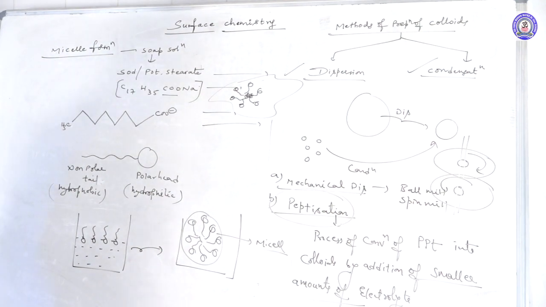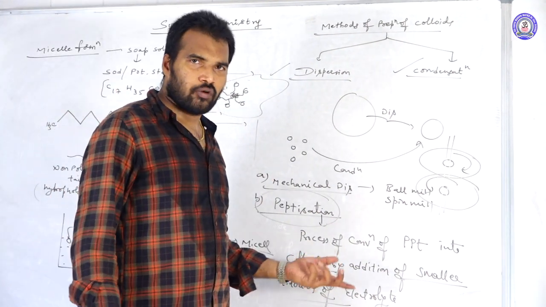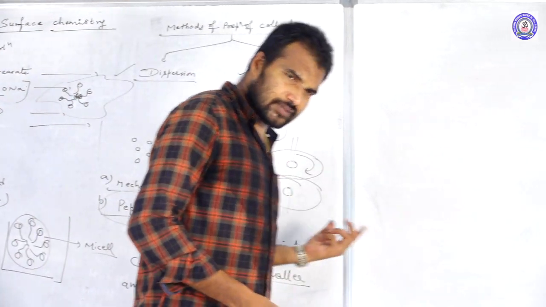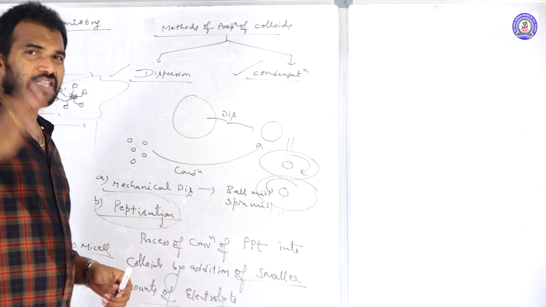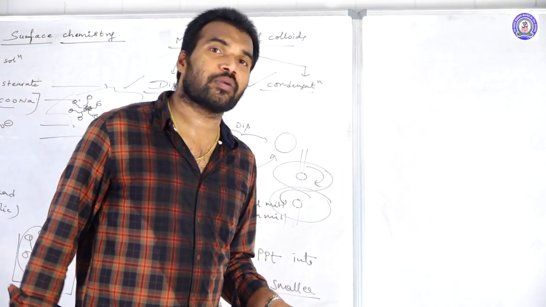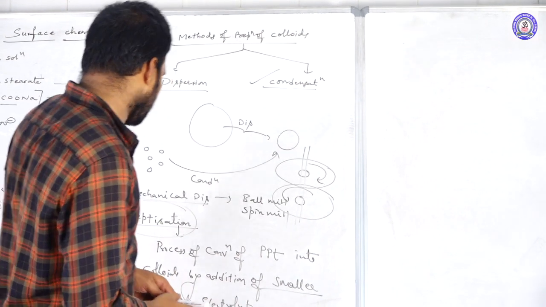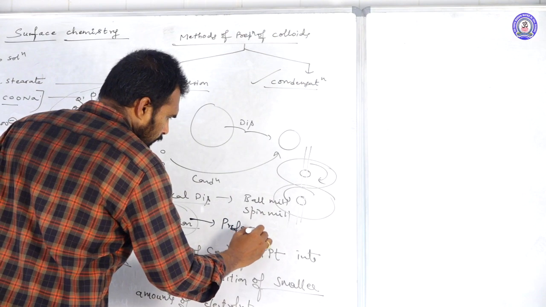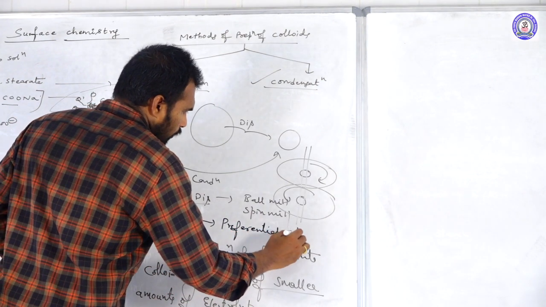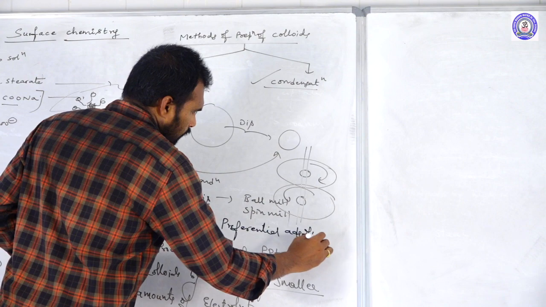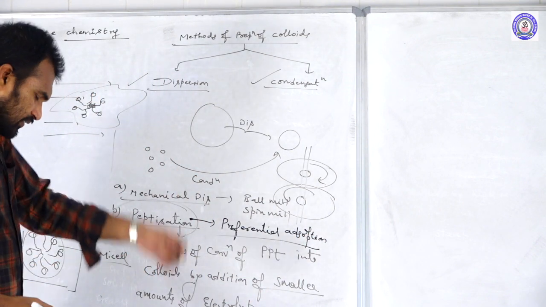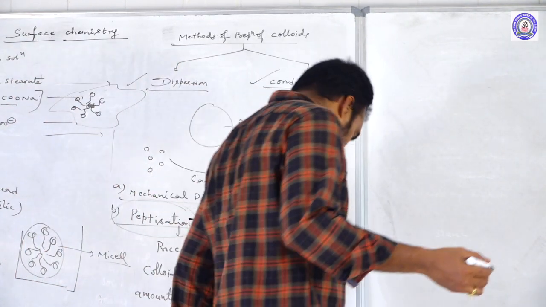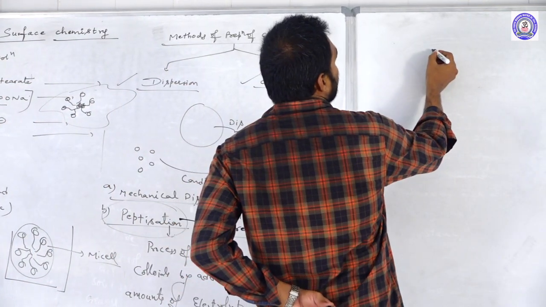So what is the problem? If we add the electrolyte in bigger amounts, what will happen? We'll discuss it later. First of all, this peptization process is based upon preferential adsorption of ions. Let us see.